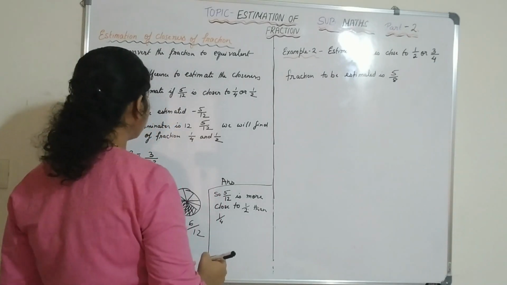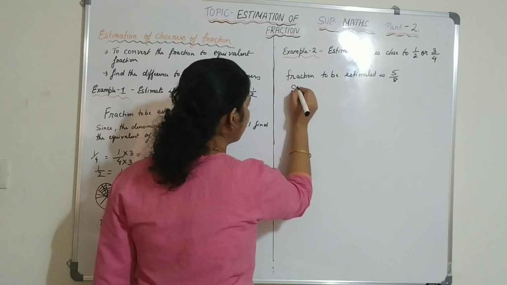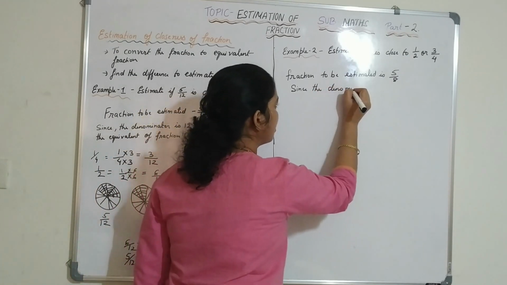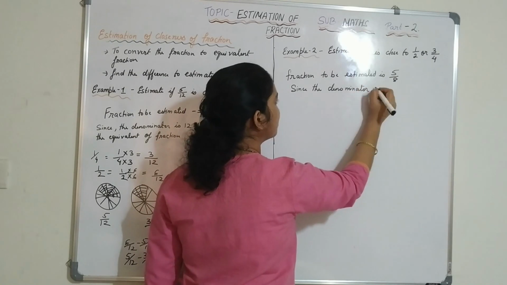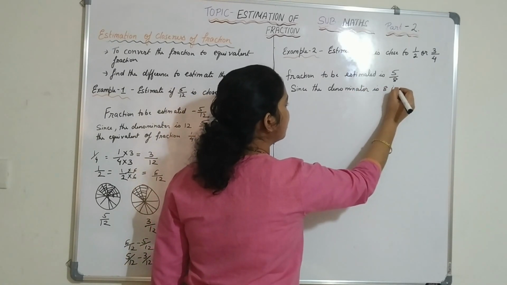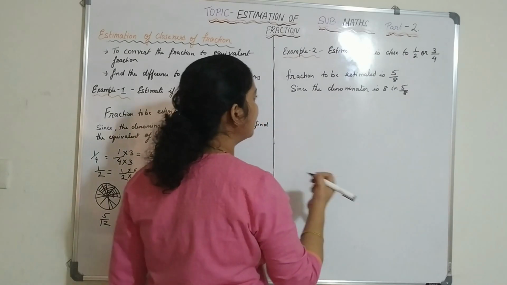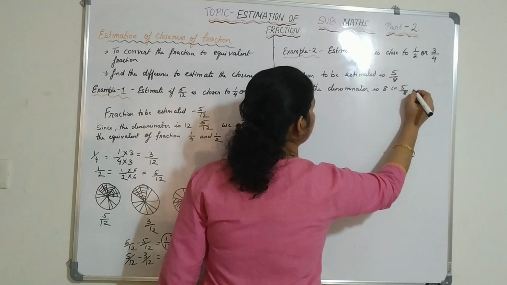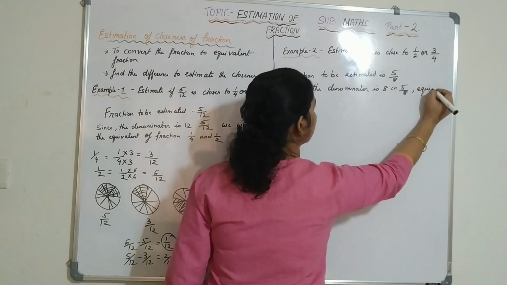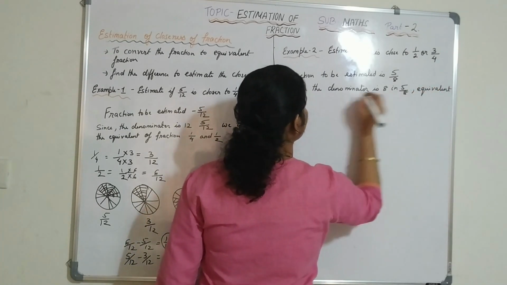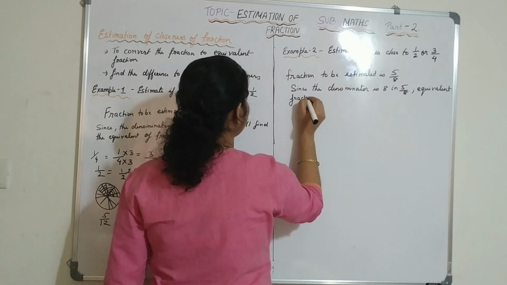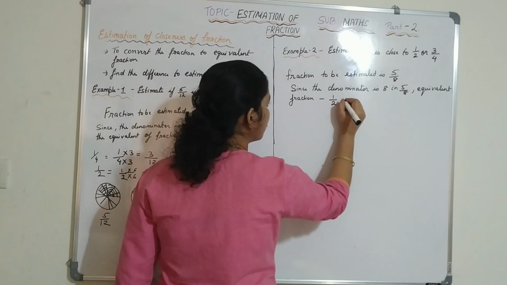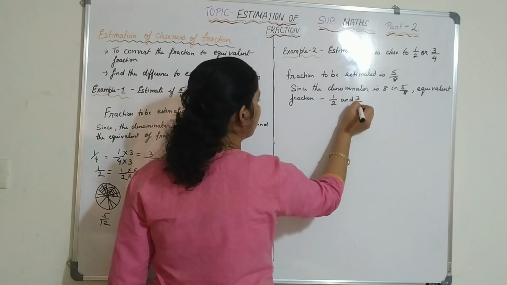Since the denominator in 5 by 8 is 8, we have to find the equivalent fractions of 1 by 2 and 3 by 4.